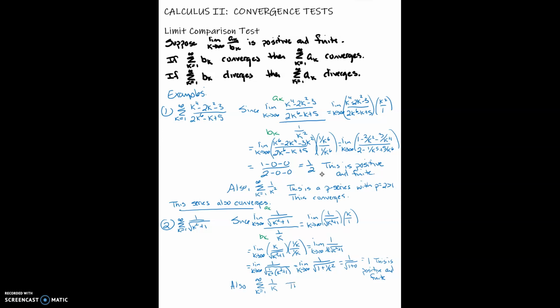Again, this is a p-series with our p-value equal to 1. If p is equal to 1, then this diverges. So our b sub k's diverge, which means our original series of a sub k's also diverge.